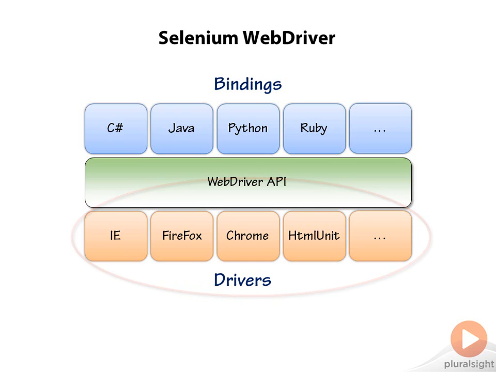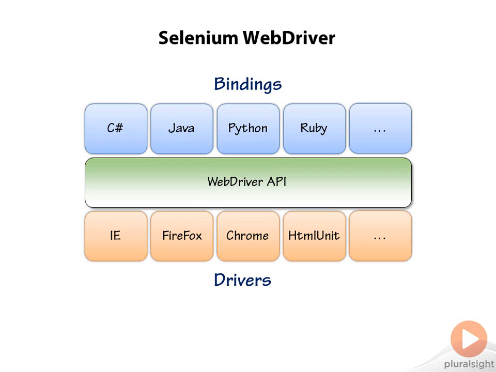So these drivers here at the bottom, you see we have an IE driver, a Firefox, Chrome, a driver called HTML unit, which is an interesting one. It is basically a not real web browser. It's a headless web browser. What I mean by that is it doesn't display any window, it doesn't show you anything, but it is able to respond like a real web browser. So it can make your tests execute quite fast since you don't have that slowdown of any kind of rendering.